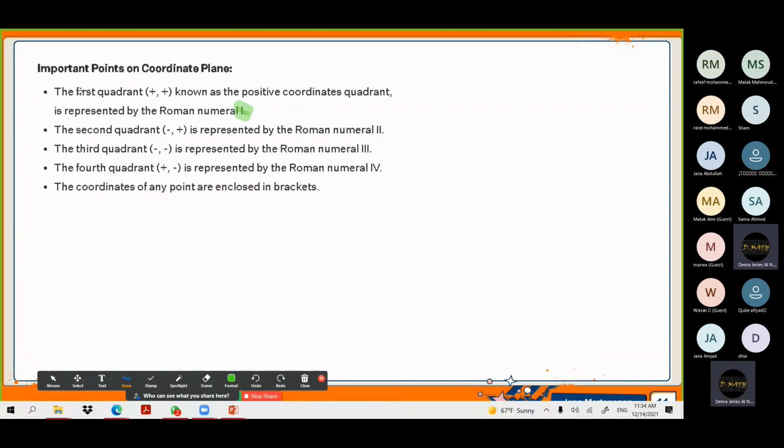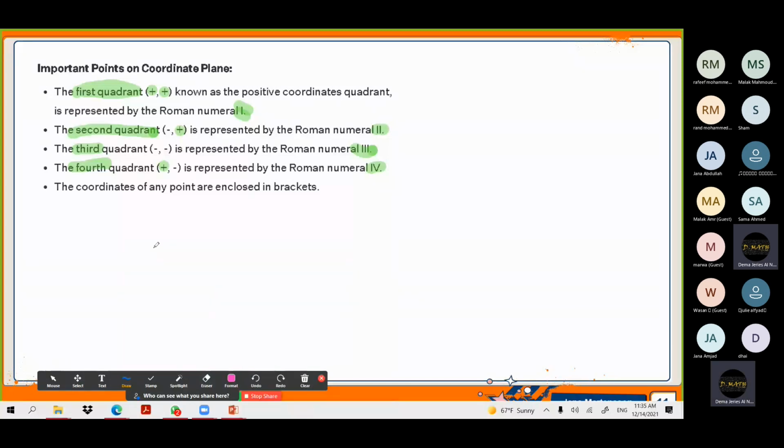The second quadrant is represented by the Roman numeral 2, the third by 3, and the fourth by 4. In the first, we have positive, positive. The second, only one positive, which is Y. The third, there's no positive. And the fourth, only X is positive.